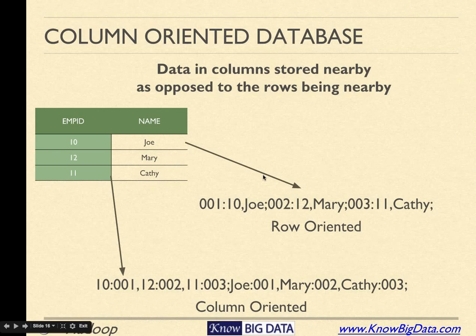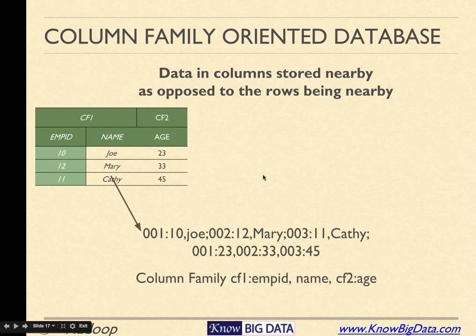Great. All right. Now, HBase, which we will be discussing today, did a clever thing. They said we are neither column-oriented nor row-oriented. We are flexible. So they came up with something called column family.